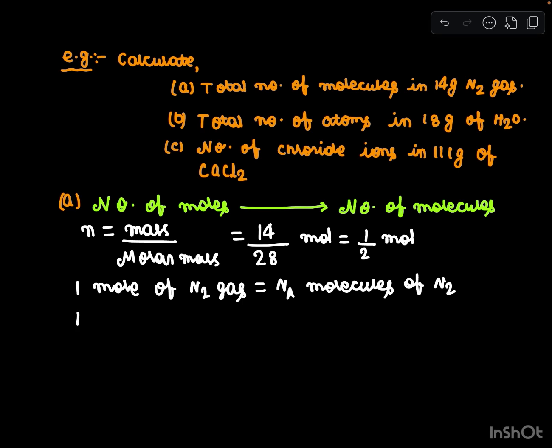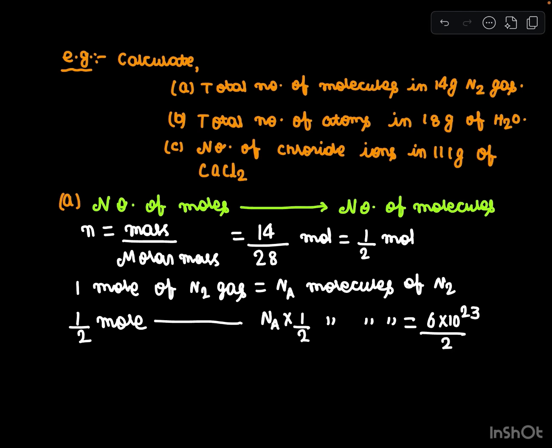We have to calculate it for half a mole. So half a mole of N2 gas will be N_A into 1 by 2 molecules of N2. Writing N_A as 6 into 10 to the power 23 into 1 by 2, which is equal to 3 into 10 to the power 23 molecules of N2.